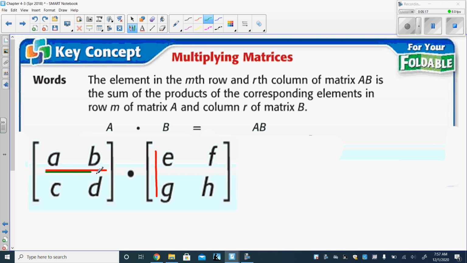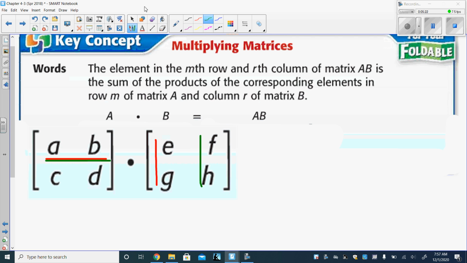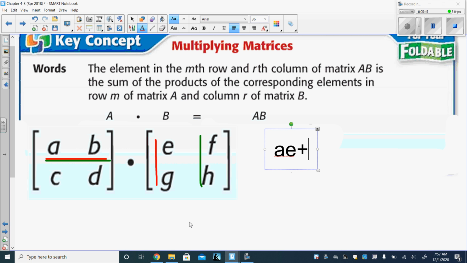When I multiply, we multiply corresponding elements in row M of the first and column N of the second and add their products. So we'd go A and B, E and G, over, down. It would be AE plus BG, and that would be the first element.